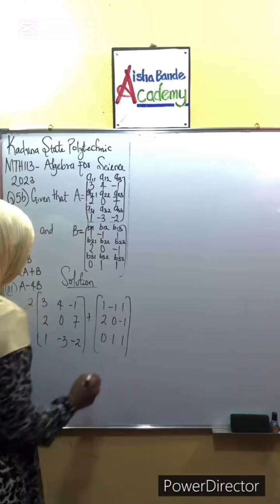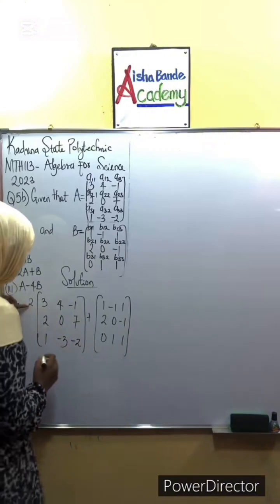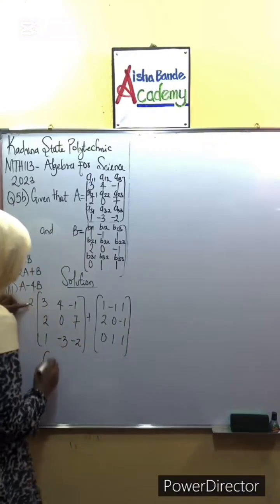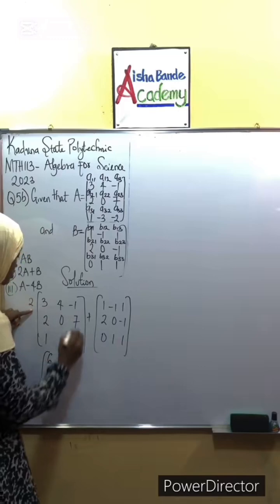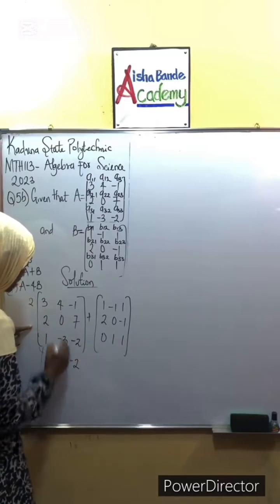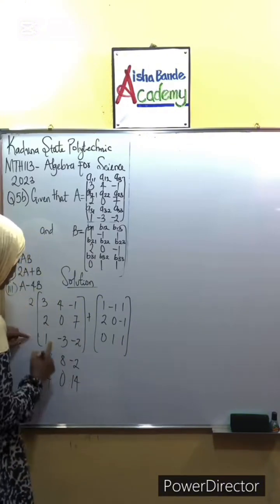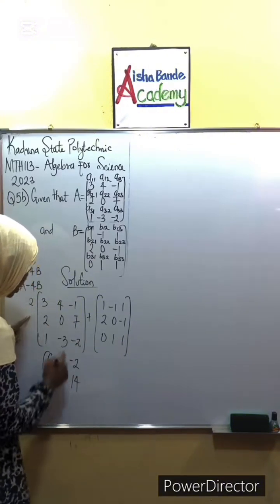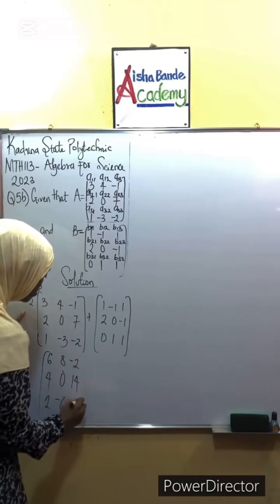Let's simplify this. We multiply 2 by each element in this matrix. So this matrix now changes to 2 times 3 is 6, 2 times 4 is 8, 2 times minus 1 is minus 2, 2 times 2 is 4, 2 times 0 is 0, 2 times 7 is 14, 2 times 1 is 2, 2 times minus 3 is minus 6, then 2 times minus 2 is minus 4.